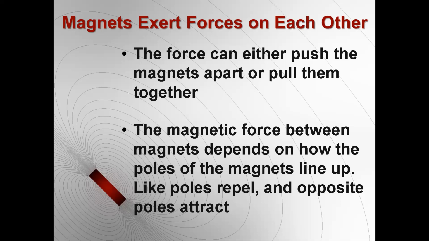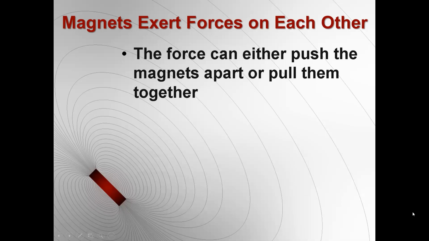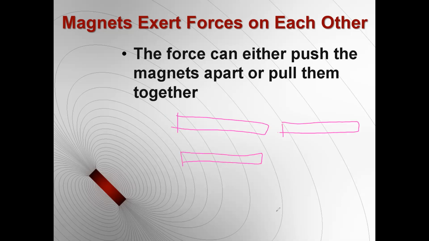So if we draw that, here we have two magnets. Now we say that we have here south and north, south and north. Since they are different, they will attract.